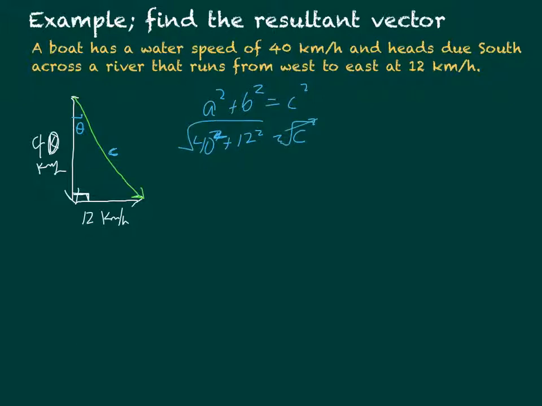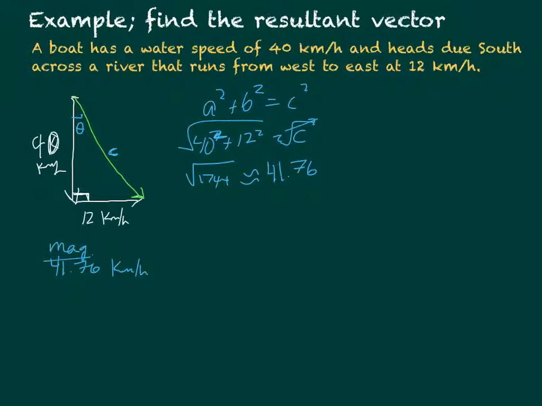So the square root of 40 squared plus 12 squared is the square root of 1744, which is approximately equal to 41.76. So that means that my length, my magnitude, is 41.76 kilometers per hour.